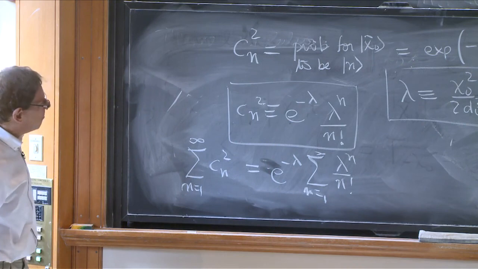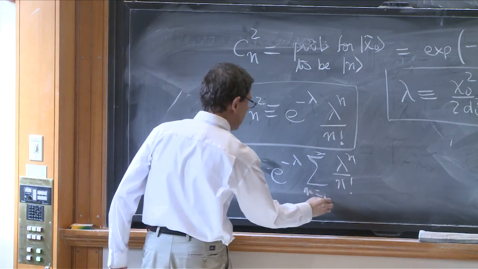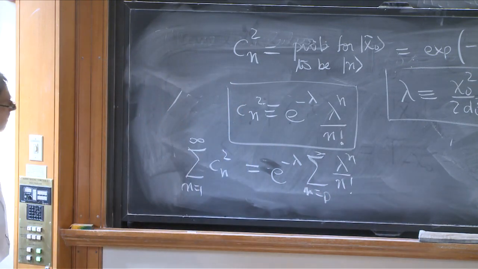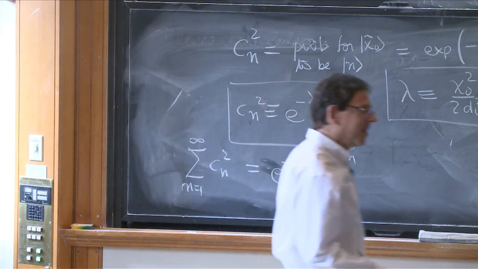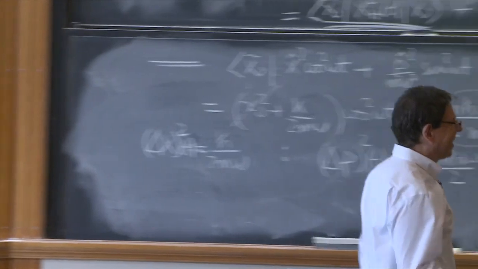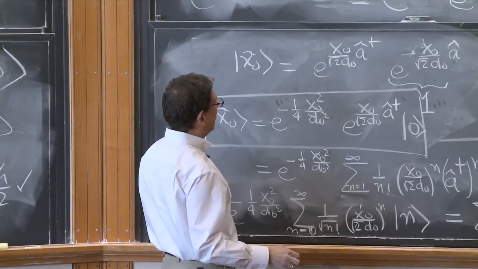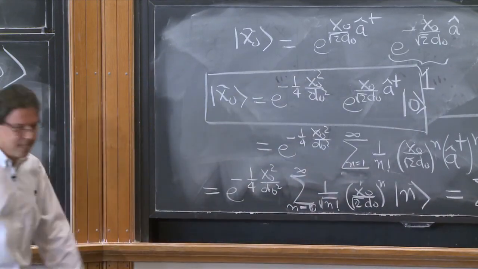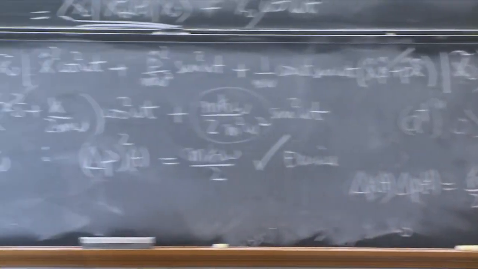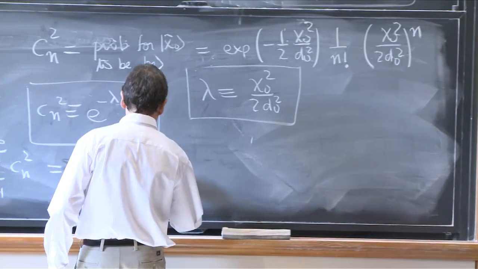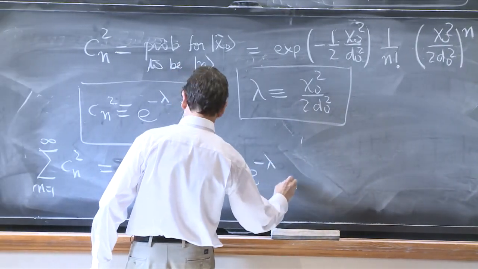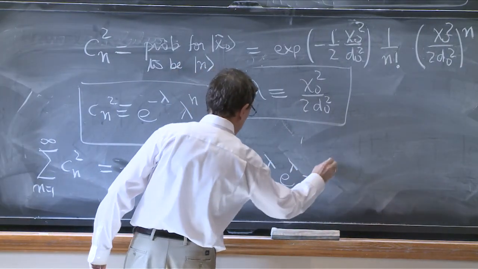I'm sorry, it's not from n equals 1, it's 0 to infinity. There is the ground state. And this is e to the minus lambda, e to the lambda, which is 1.